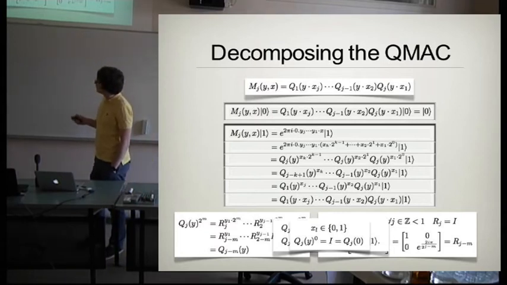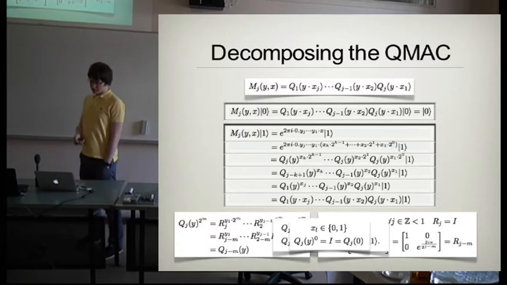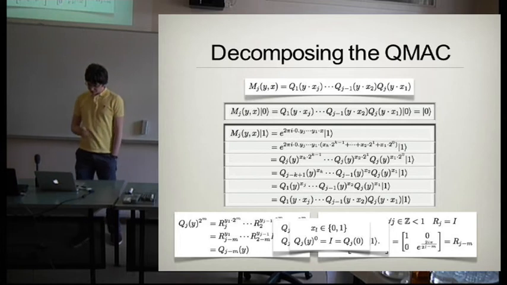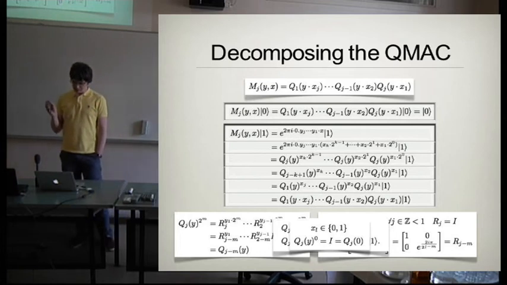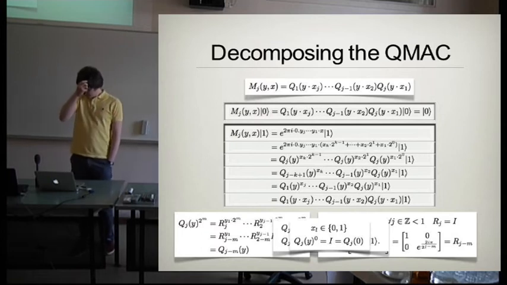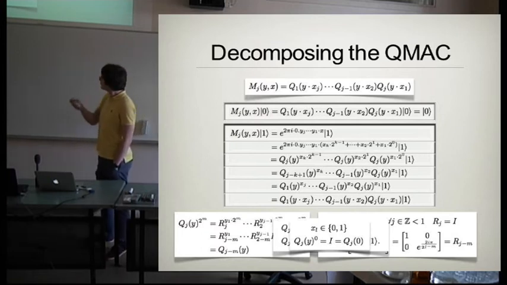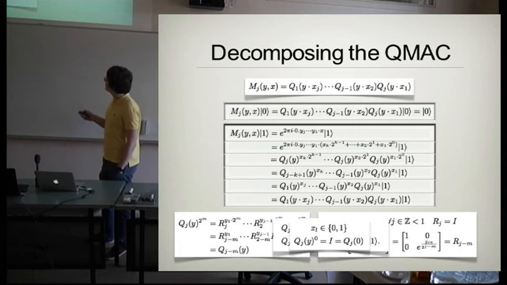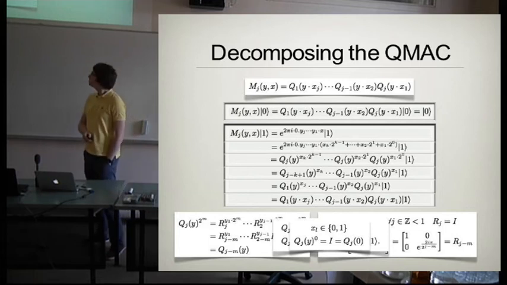So we can see what the operator Qj is if we take it to the power of 2 to the power of m. It happens to be Qj minus m. So we can just simplify the whole equation. We also note that the operator Qj itself will also be identity if J minus m is less than 1.